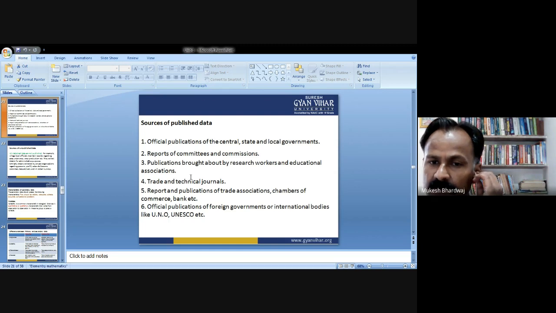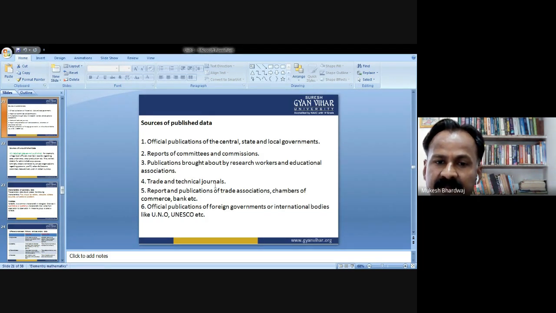Publications brought about by research workers and educational associations. In educational associations or among the researchers, they need to publish their papers on the work, on the thesis, on the topic which they are doing the research. They get published in some journals, and those publications are means of secondary data.